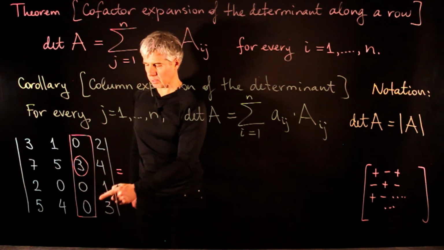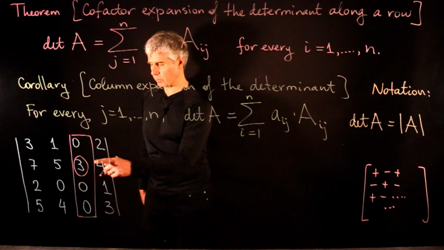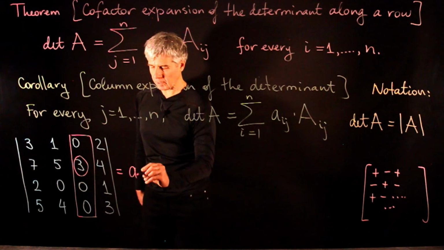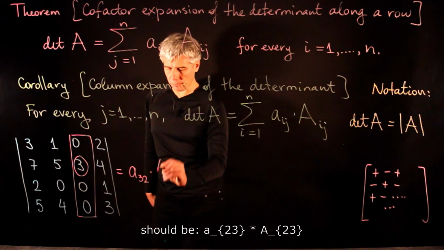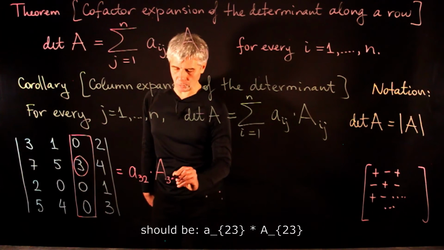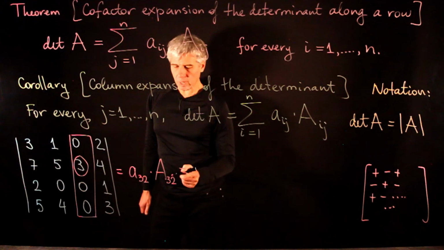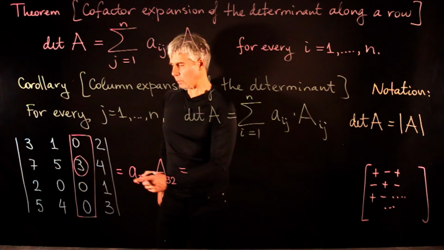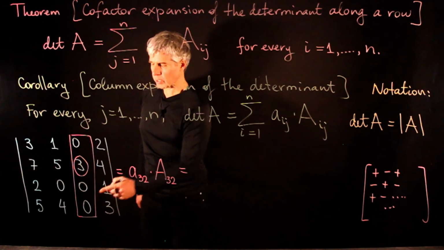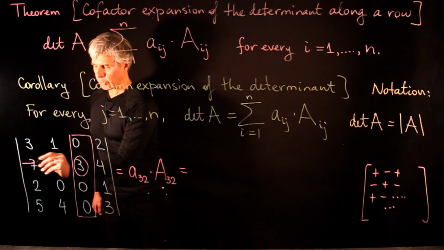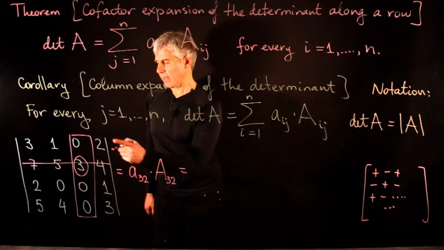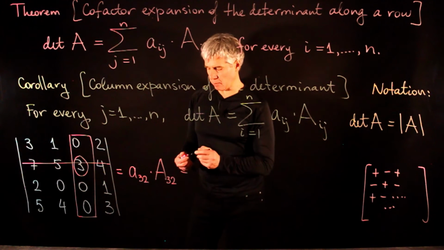So this determinant is equal to, this entry is a_32 times the cofactor A_32. To write down this cofactor, all we have to do is cross out the column of this entry and also the row of this entry. And then we will get a 3x3 matrix.